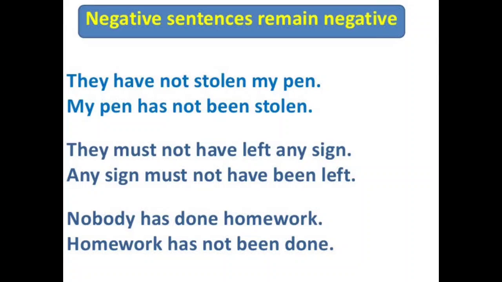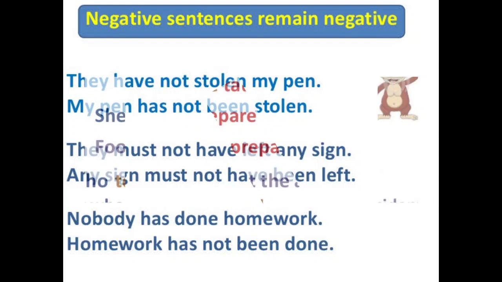As it is nobody, it is indirectly telling that it is a negative sentence. So, in passive, homework has not been done. So, this is the way you need to change the negative sentence into passive, children. So, negative sentences remain the same as negative in passive voice also, children.